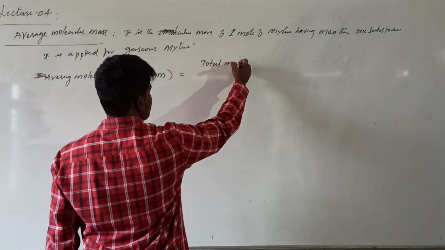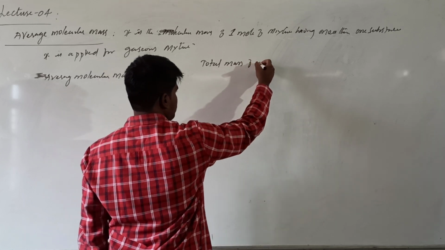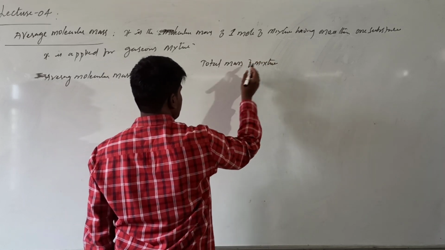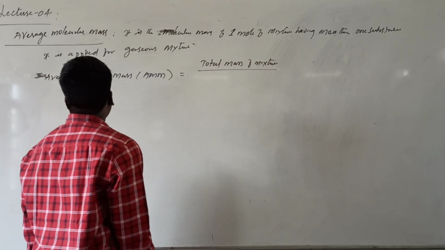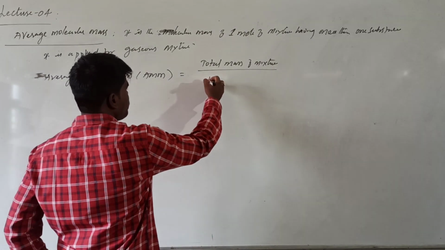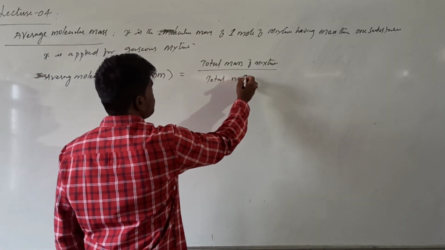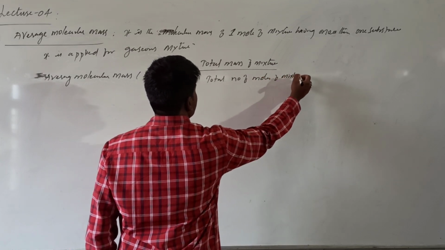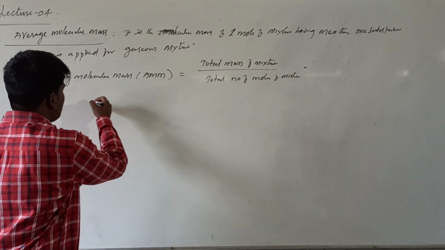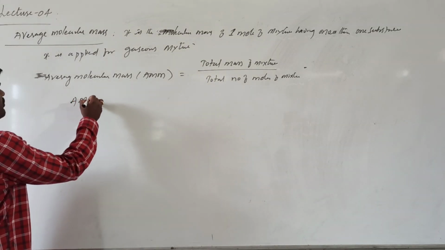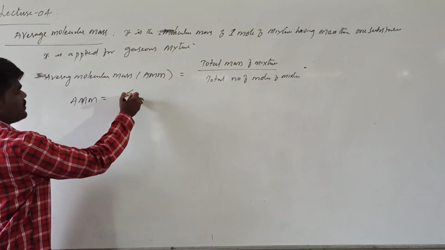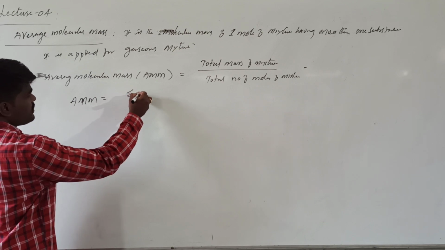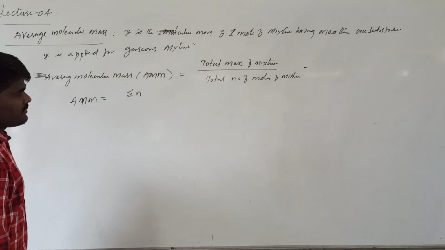It is generally equal to total mass of the mixture upon total number of moles of the mixture. That means average molecular mass is equal to summation of... What is the mass? How can you calculate it from the mole concept?